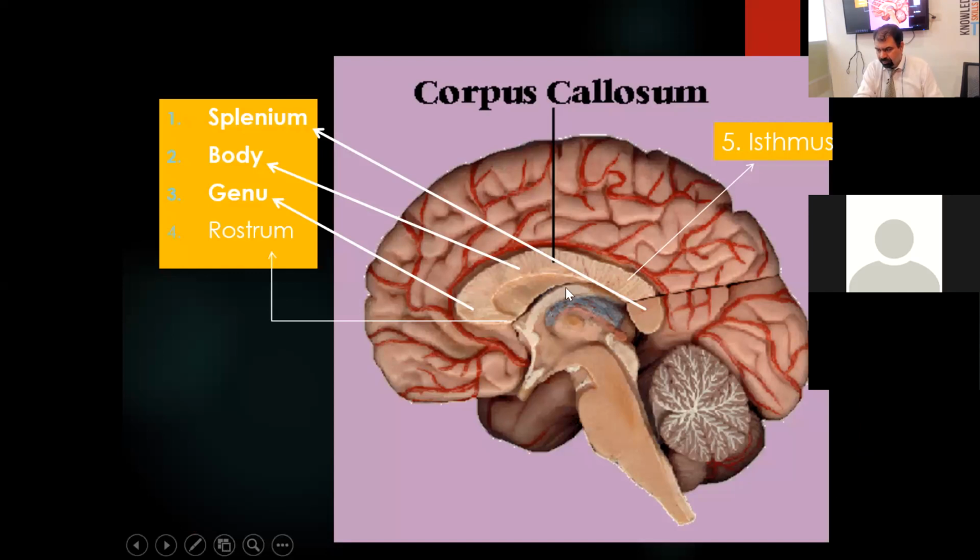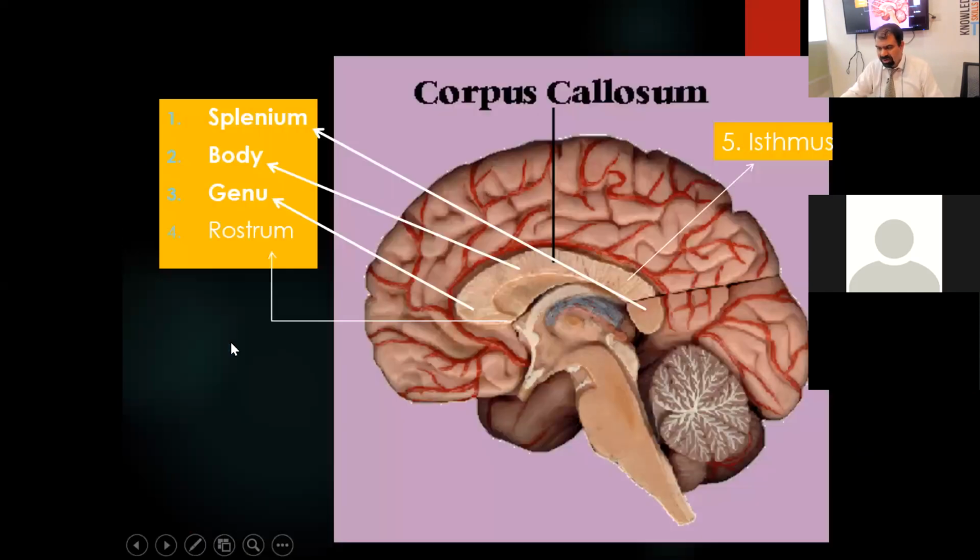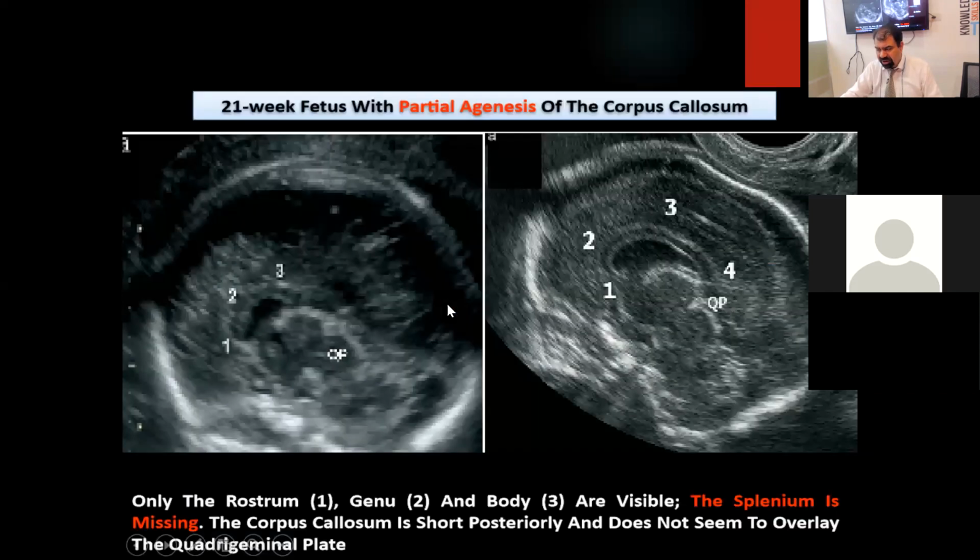Now see, and correlate this corpus callosum over here. First is the rostrum over here. Now see, this is the rostrum. Why am I skipping between these? Because I want you to correlate this picture on ultrasound.